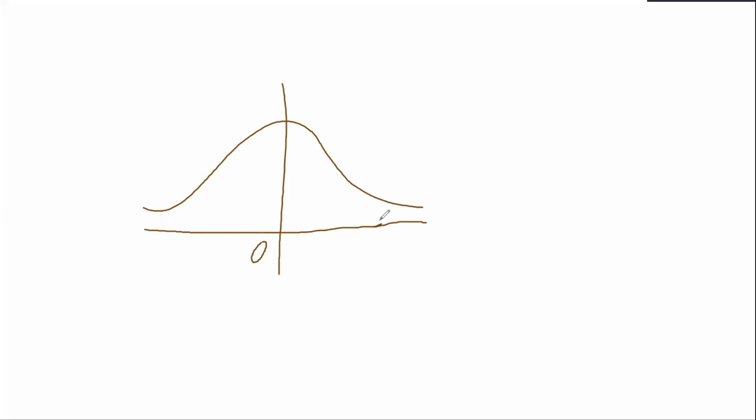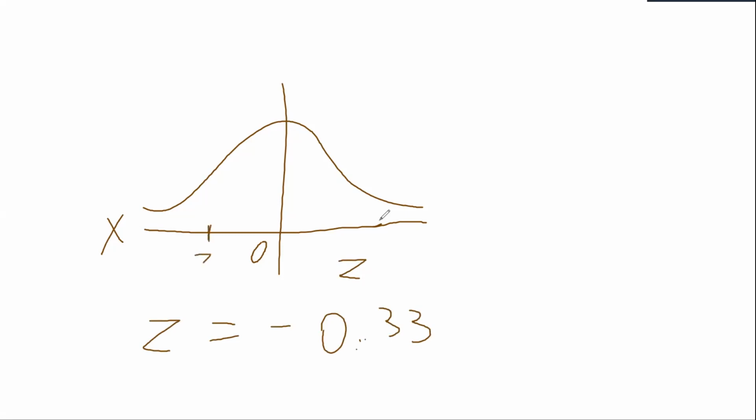All the values on the x-axis are your z values, and the areas below the curve are your probability. If your z value is negative, say negative 0.33, it's on the left side.